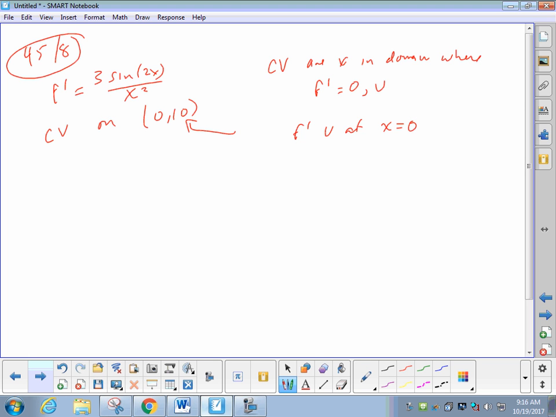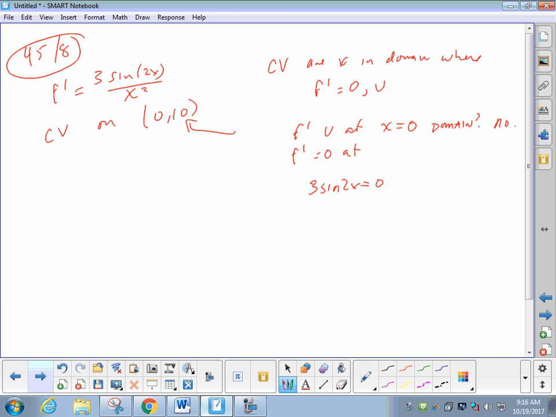But is that in the domain? Yes, no? No. They give you a parenthesis, non-inclusive of the inputs. Okay, 0 is not included. Up to, but not including 0, 0 is out. 0 is not in the domain. Okay? f prime equals 0 where the numerator is 0, right?